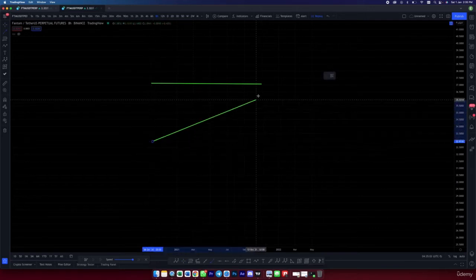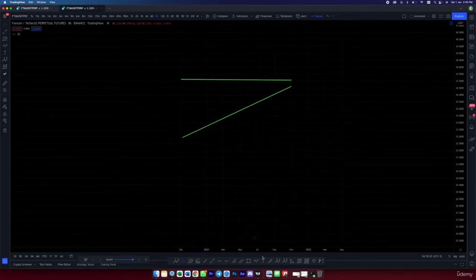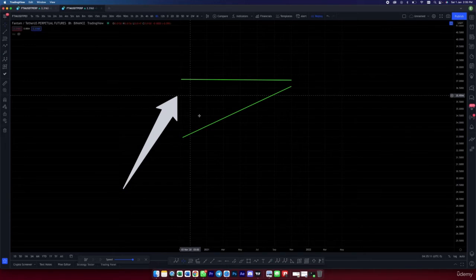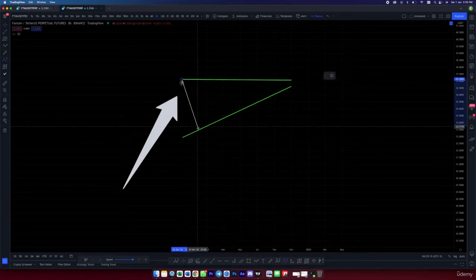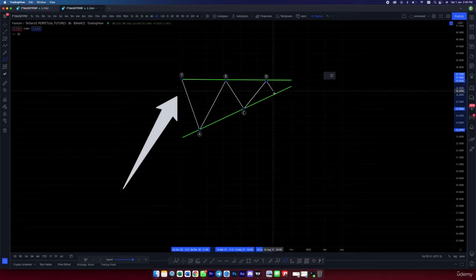But yes, the patterns will be very clear to see. You will see what we call an ascending triangle pattern. So basically the market comes from this direction like this, and then it makes a corrective move. And you see here A, you will see B, C, D and E.